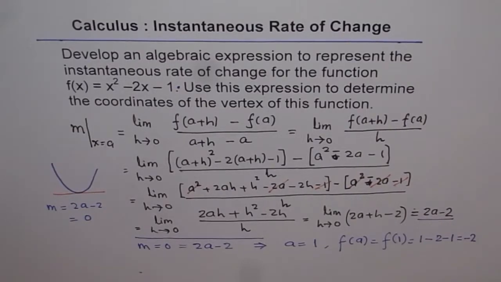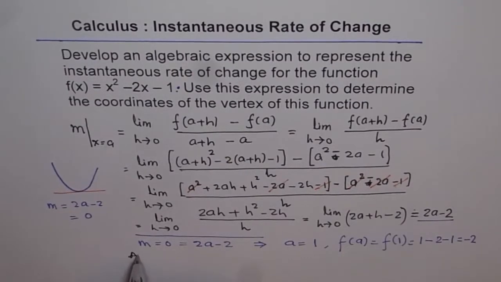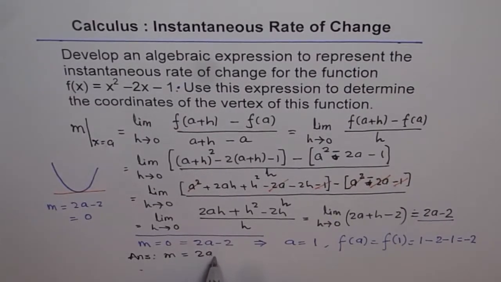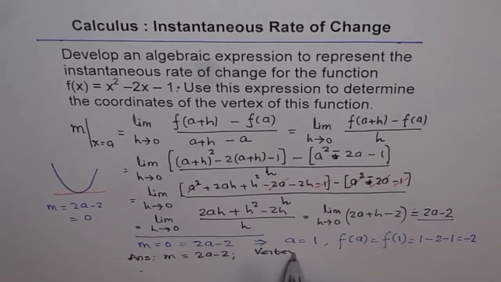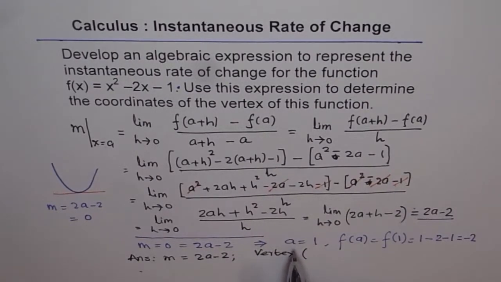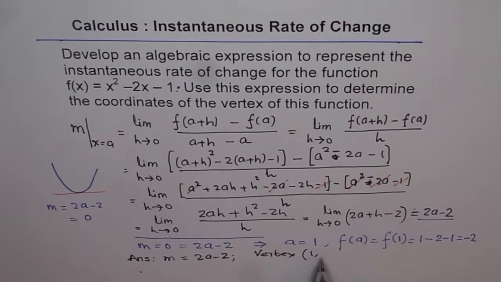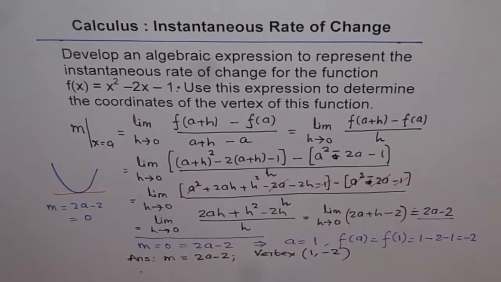So we can write down our answer: the general instantaneous rate of change is m equals 2a minus 2, and the vertex is at a equals 1, and the y value for this function at 1 is minus 2. So that is the coordinate for the vertex.